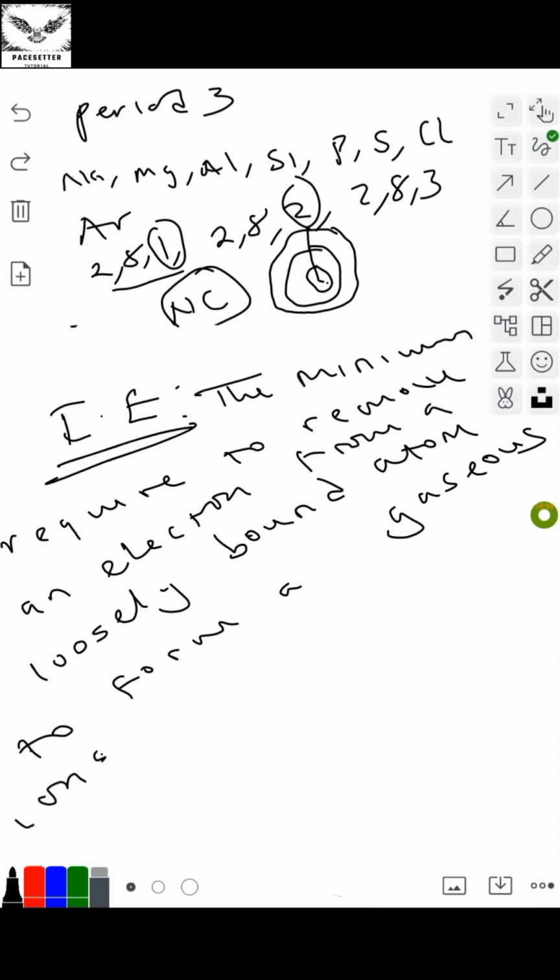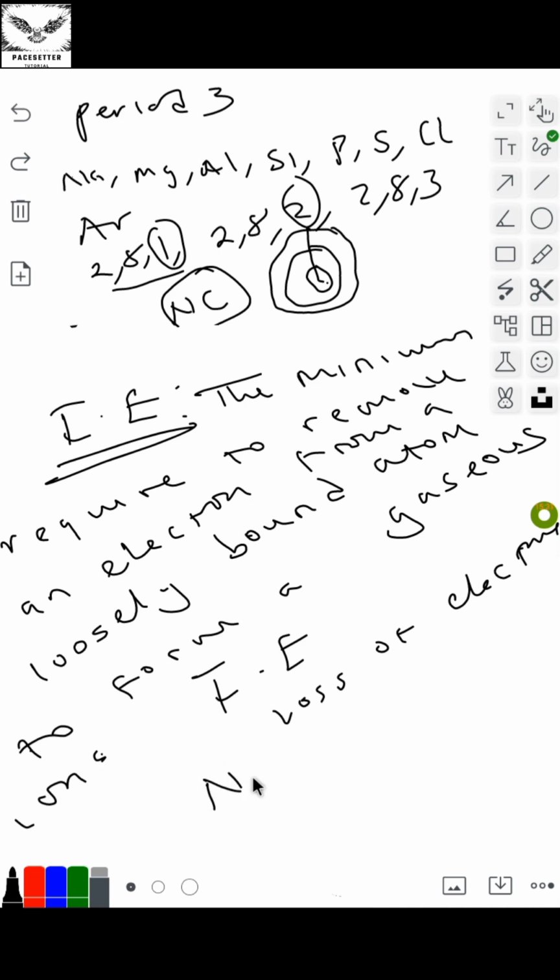So you're talking about the removal of an electron from a loosely bound atom to form a gaseous ion. Simply put, ionization energy is loss of electron. That's ionization energy.